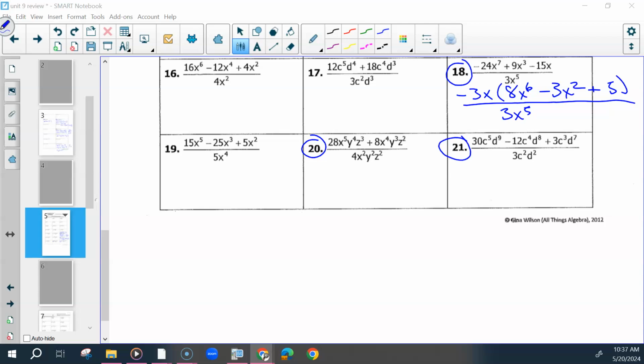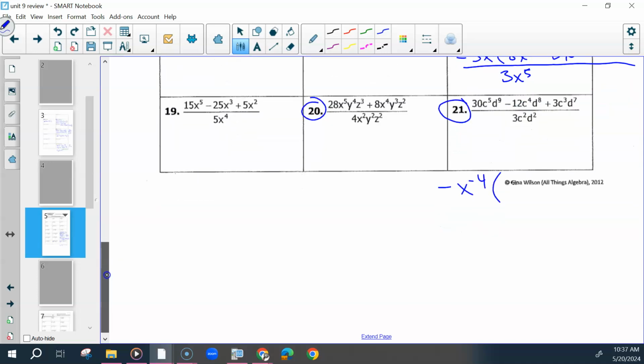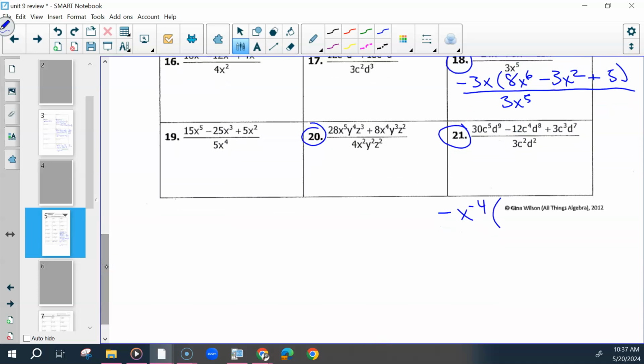So we could divide just that part, -3x over 3x to the 5th. I'm going to leave this like this for now, and then we'll switch it. And then leave everything else in parentheses.